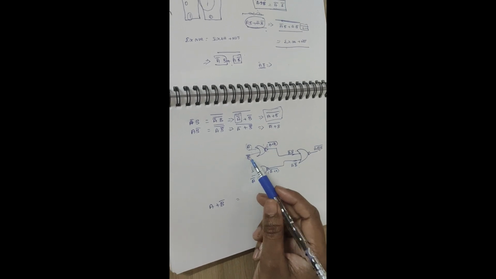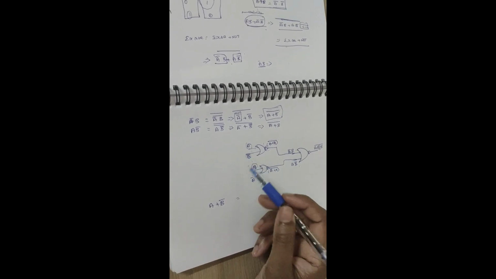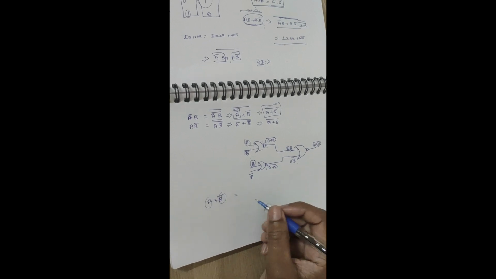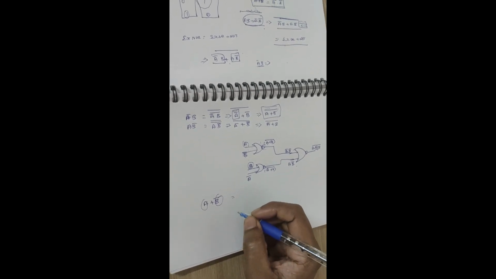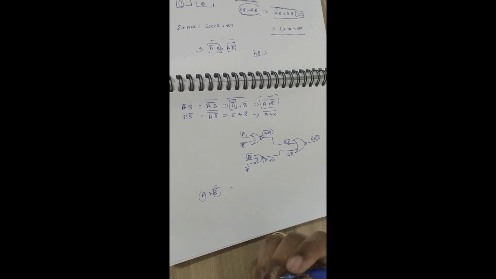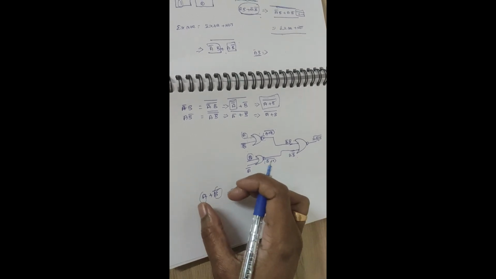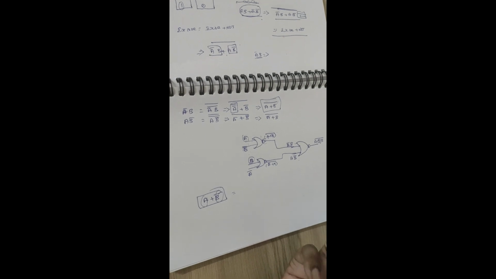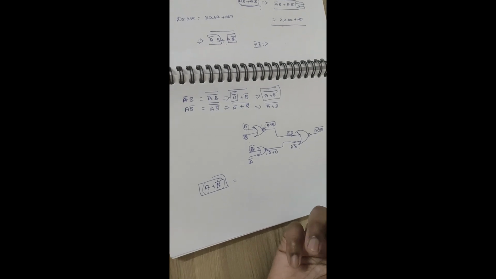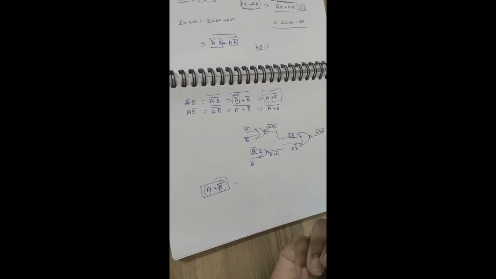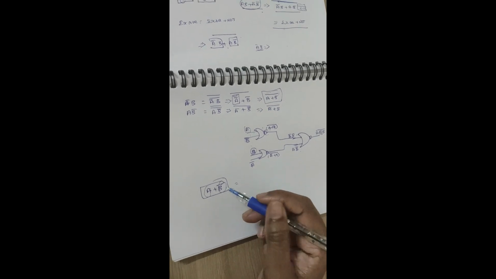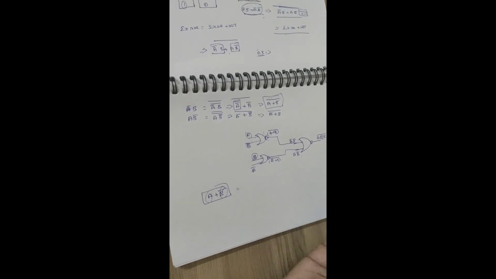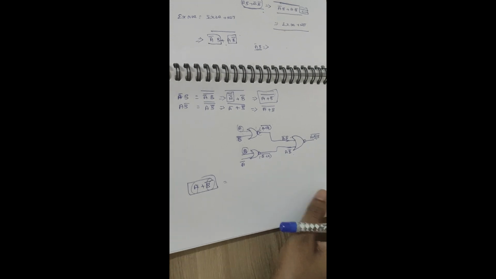So what I am trying to tell here, consider this B bar, A already we have, so this B bar only we need to have. Because we have here only 2 forms, right? So we have to add certain things just to make this particular B bar disappear, or maybe a different product form, something like that.